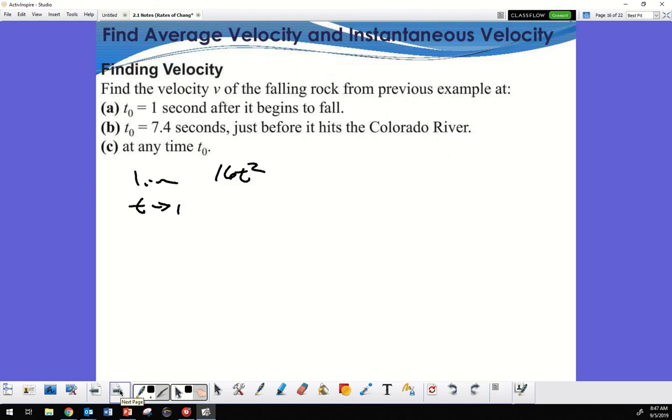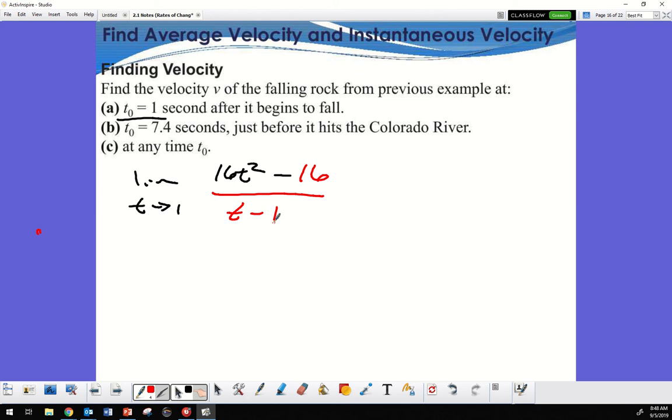All right, 16t squared minus, nope, 16, isn't it? Because it's f of t sub naught, and in this case, my t sub naught is 1. I don't know why I keep using black. I like red. So it's going to be 16, because 1 squared is 1 times 16, over t minus 1.